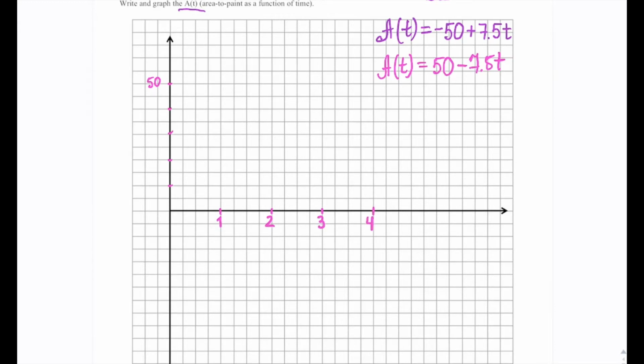In 4 hours, 7.5 times 4 is 30. 30 is what I am subtracting. So then 50 minus 30 is 20. So the person will still have to paint 20 square meters. Then my starting point is 50 and I'm going down. So you're thinking that's the area that is still left to be painted. Area. And that area is the one that is unpainted yet.